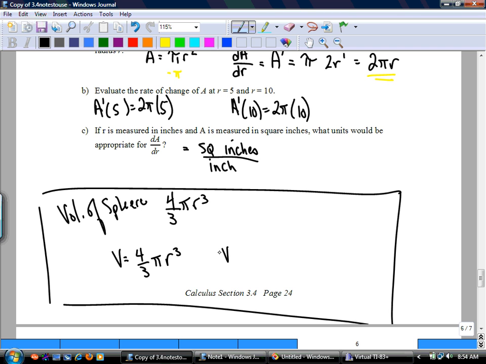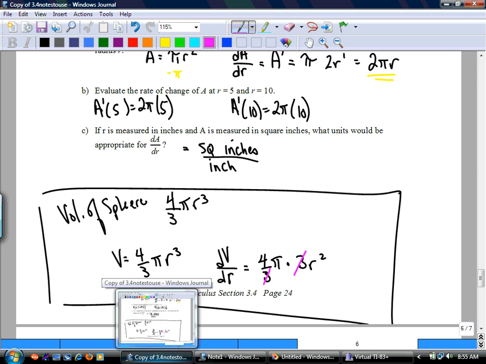Put your thumb over it and say, what's the derivative of r cubed? 3r squared. What happens to the 3's? What do you get? 4 pi r squared. Anybody recognize that?